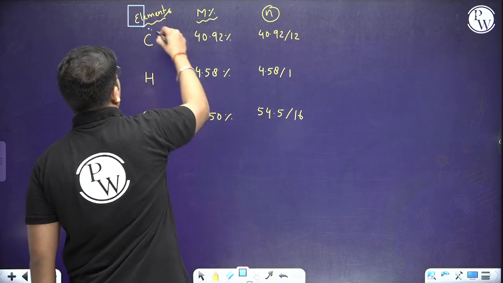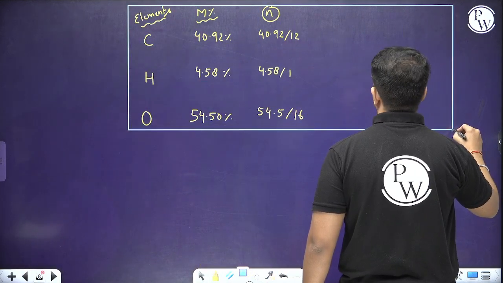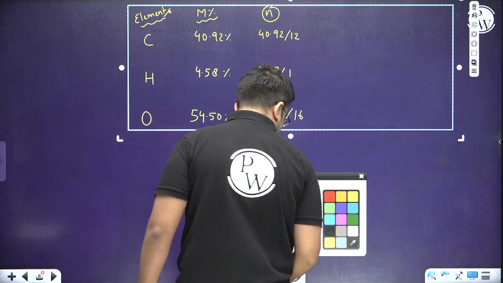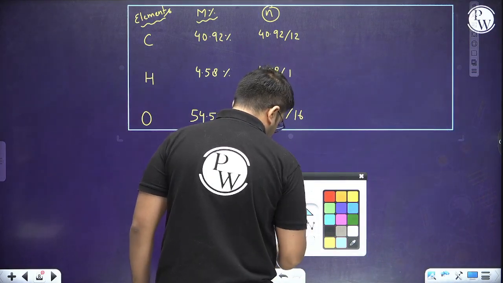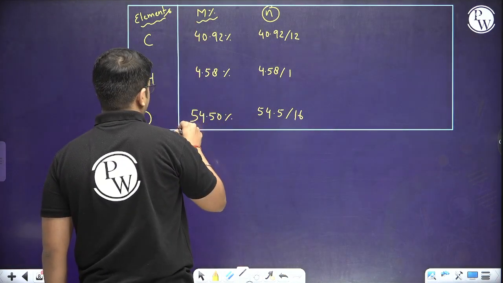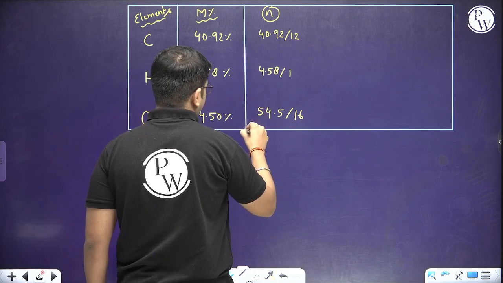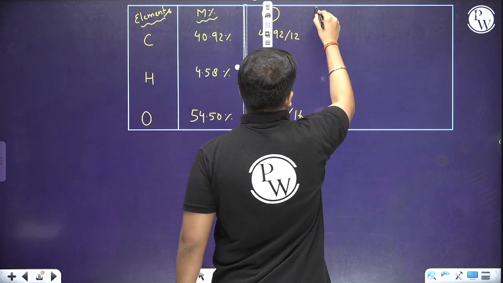So we have this information here. I'll try to make a table so that this will be clear to you. This is the first part, this is your second part, this is the third part.